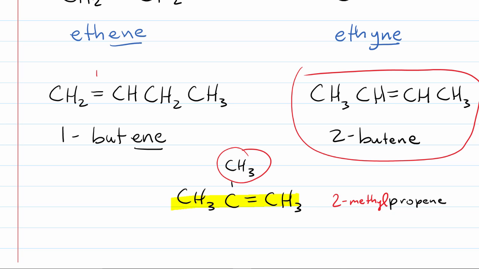The difference is that in this double bond, these two groups are across from each other. That makes this what we call a trans isomer. And if I flip these around, we now see these two carbon atoms are on the same side of the molecule, and that makes this a cis isomer.